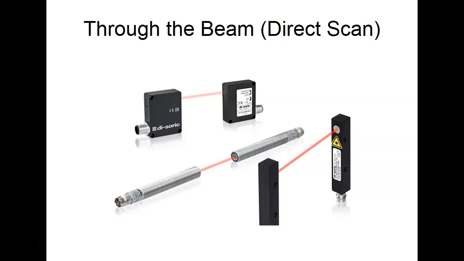You can see why it's called Through the Beam, because these are true when there is no object present. An object literally moves between the beams and breaks the beam. When an object moves between the beams, normally the output of these will go false.